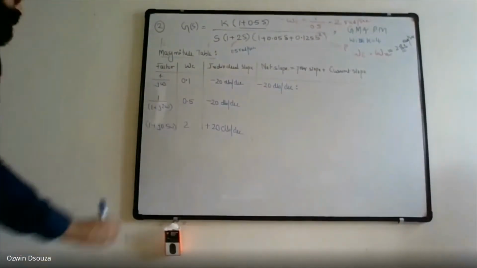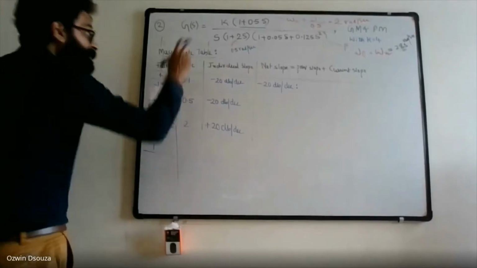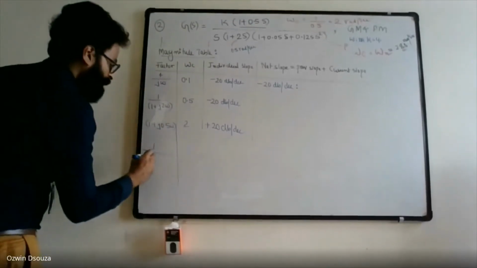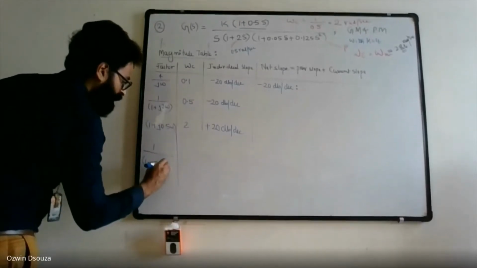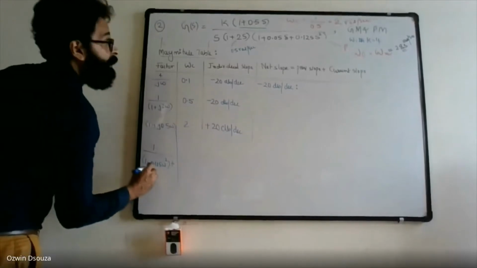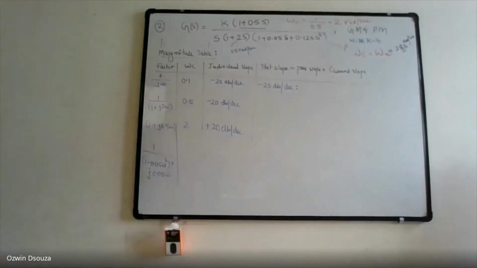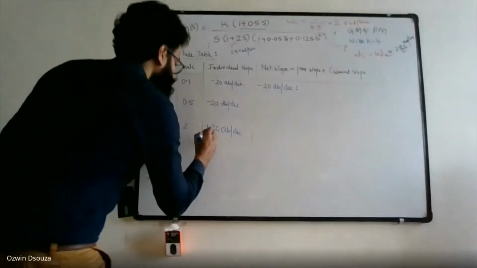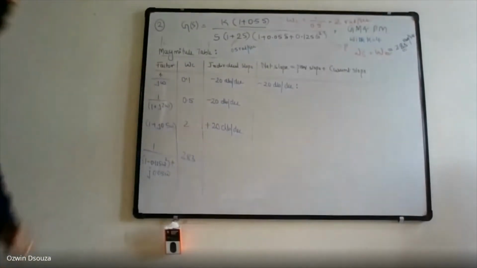Okay. And finally, you have the quadratic pole, right? So quadratic pole is 1 divided by 1 minus 0.125 omega square plus j 0.5 omega, whose corner frequency is 2.83.